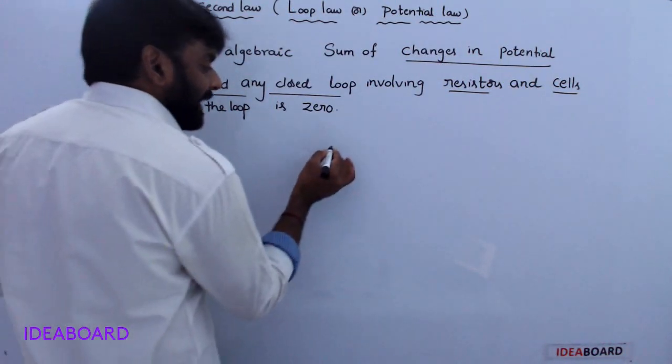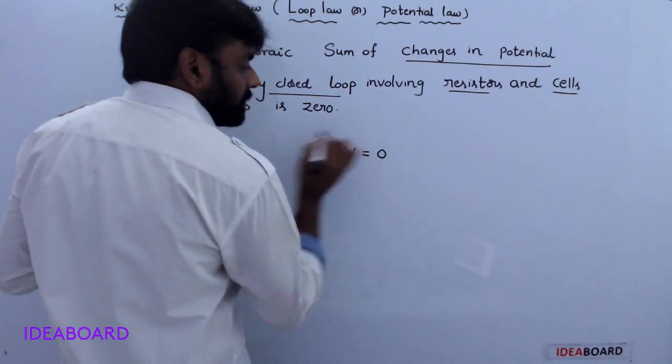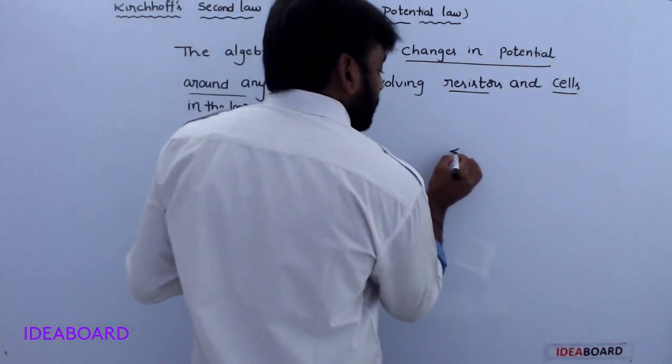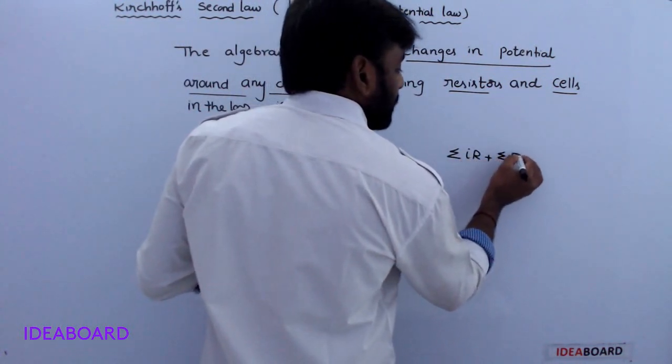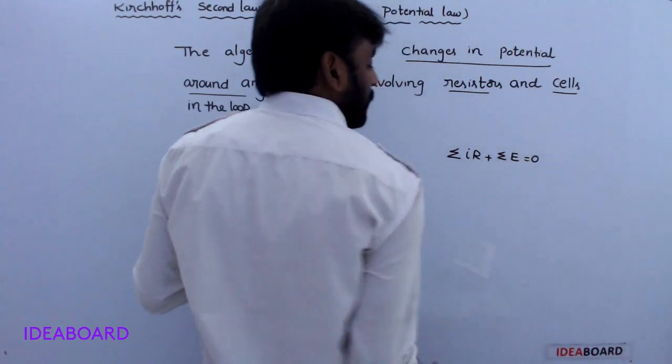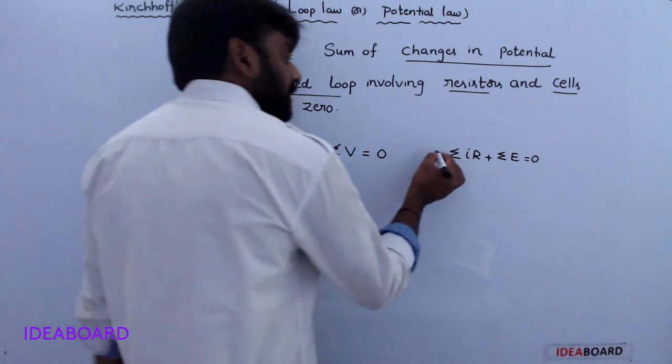Its mathematical formula is sigma V equals 0, or in terms of resistors and EMF, sigma IR plus sigma E is equal to 0.